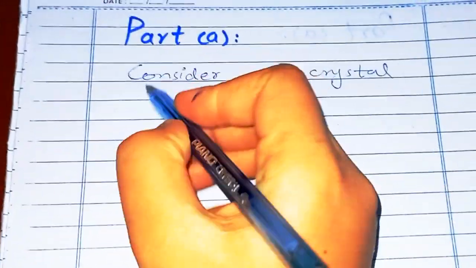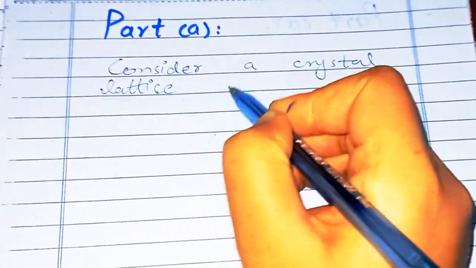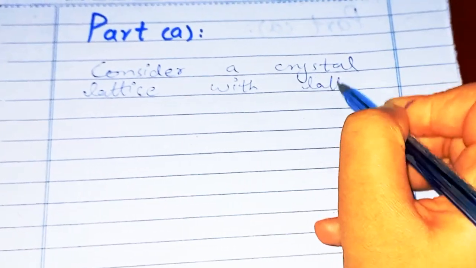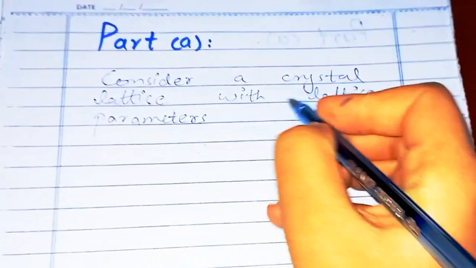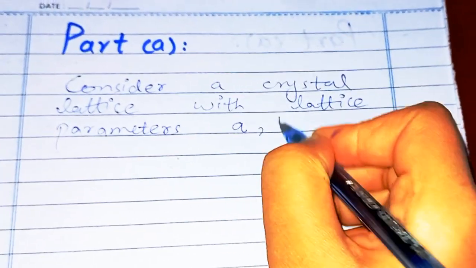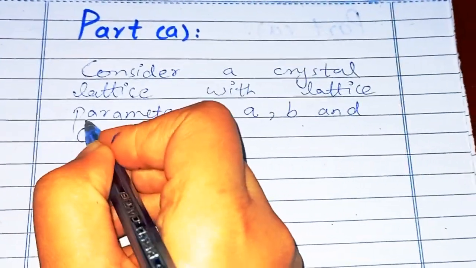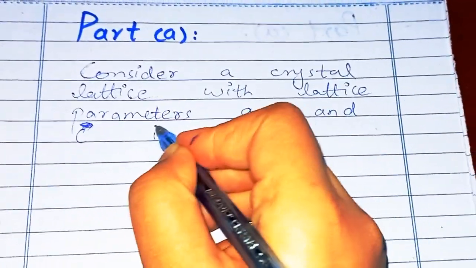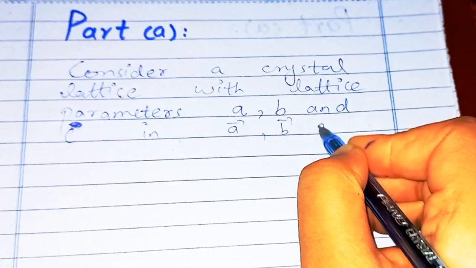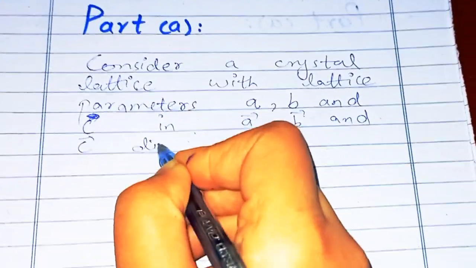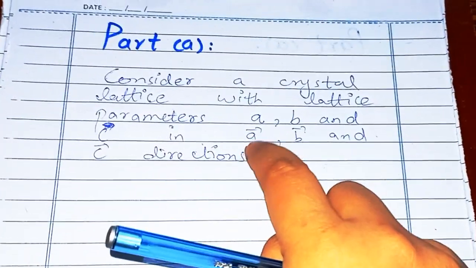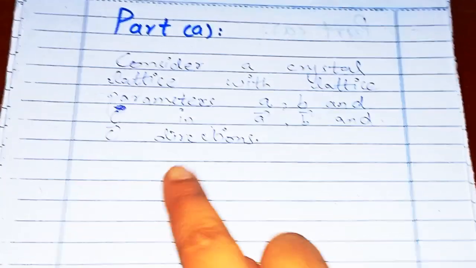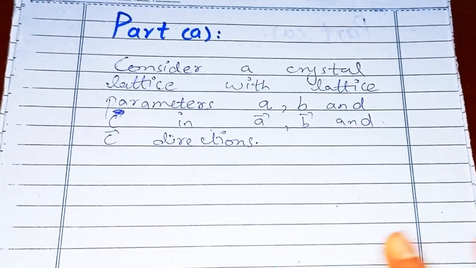Consider a crystal lattice with lattice parameters. We will be considering the general lattice parameters, which are a, b and c, in the a, b and c directions. It's just like how we say x, y and z directions. Here I'm considering a, b and c directions, which show the primitive directions of a crystal lattice.